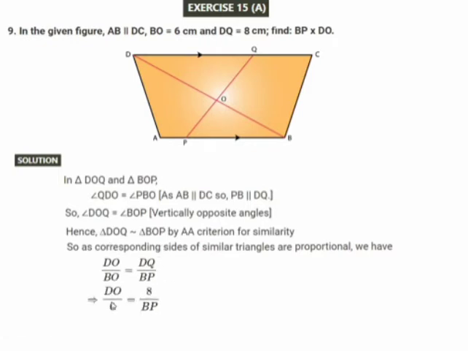Do the cross multiplication, you get BP into DO equals 6 into 8, which is 48. Since BO is in centimeter and DQ is in centimeter, when you multiply these two, you get centimeter square. Pause the video and note down your solution.